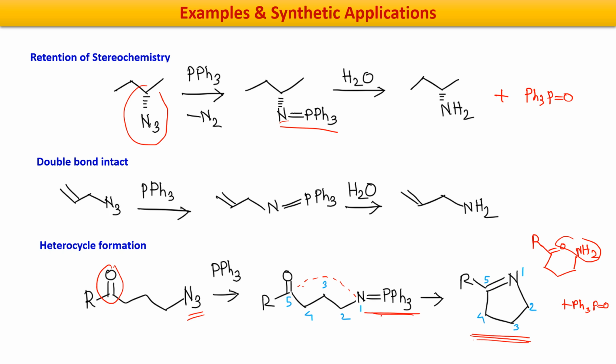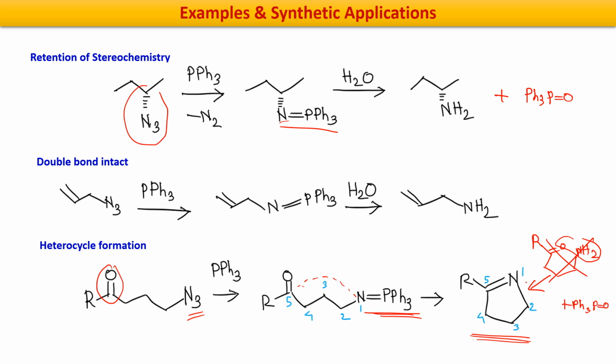That means once this N double bond PPh3 iminophosphorane is formed, there will be attack on this C double bond O. So no NH2 will be formed. So it is actually not happening. Why I have just drawn it is so that you can remember how the final product will look. So it is just like if you have double bond O and NH2, but it is not going through NH2.